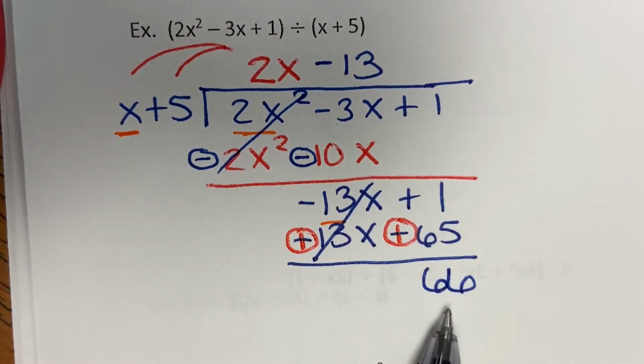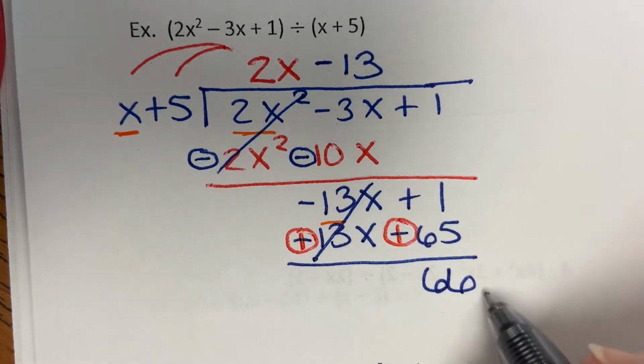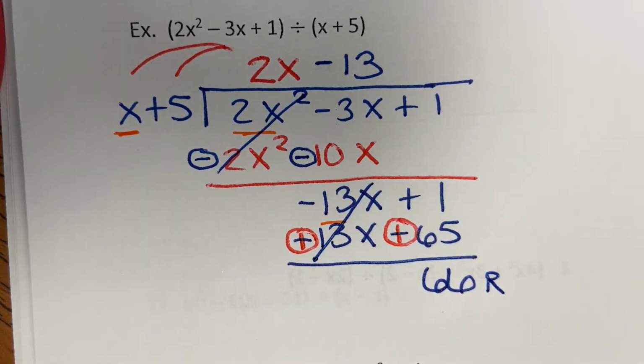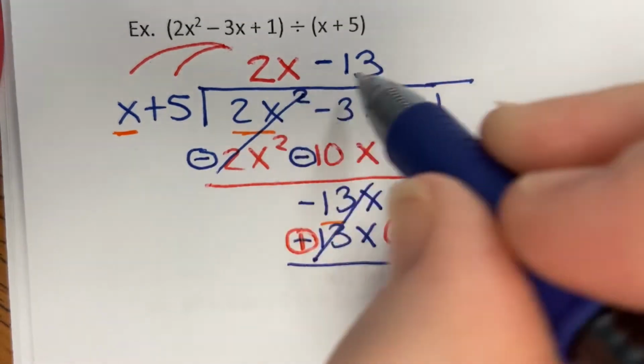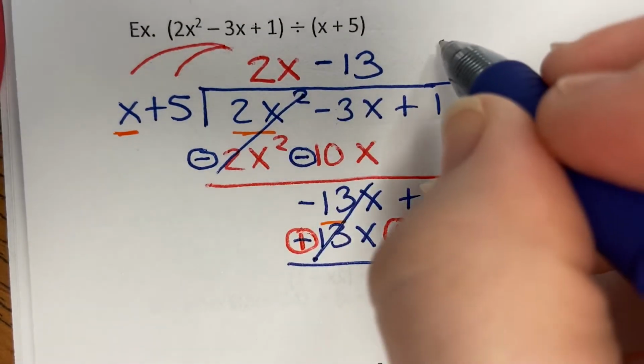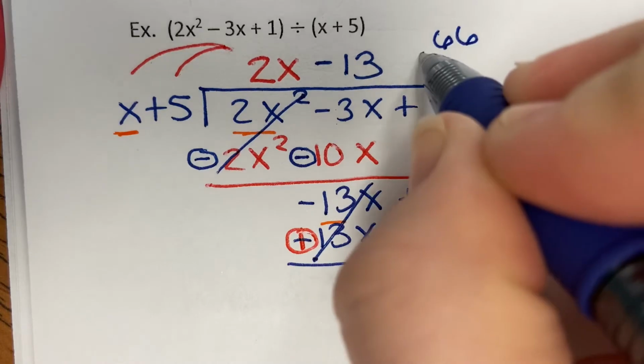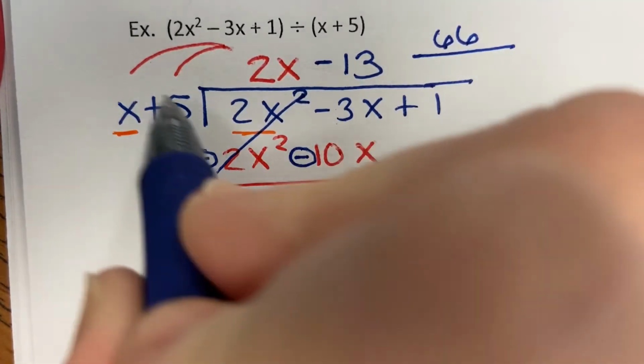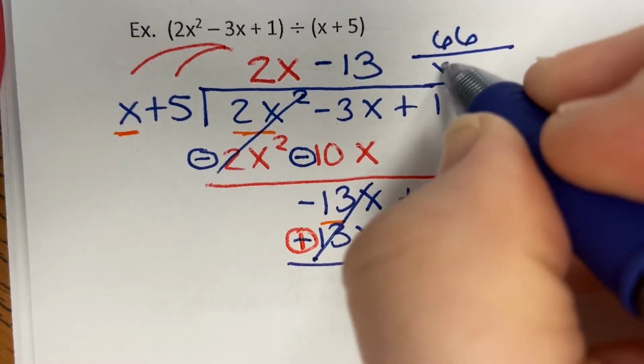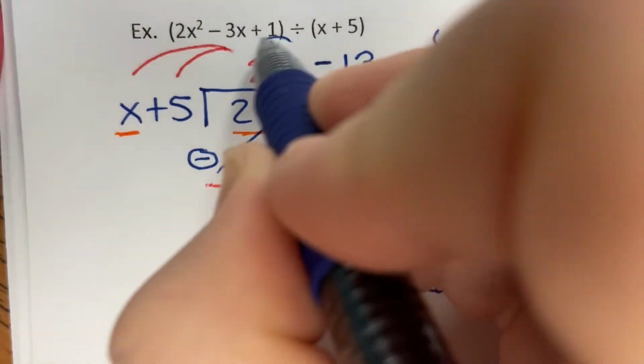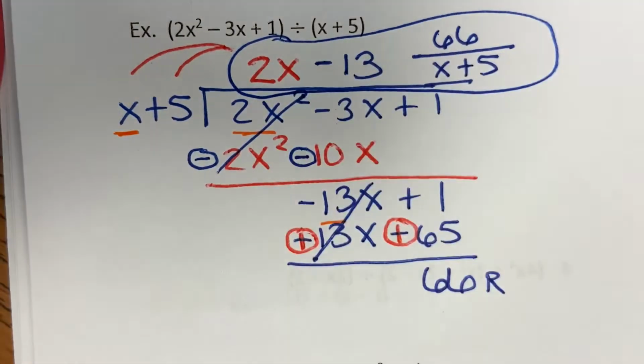Now, x can't go into 66, so that means this is my remainder. So how we write that is we keep this 2x minus 13, but then we say with a remainder of 66 over whatever you were dividing by in the first place, x plus 5. So this is my answer.